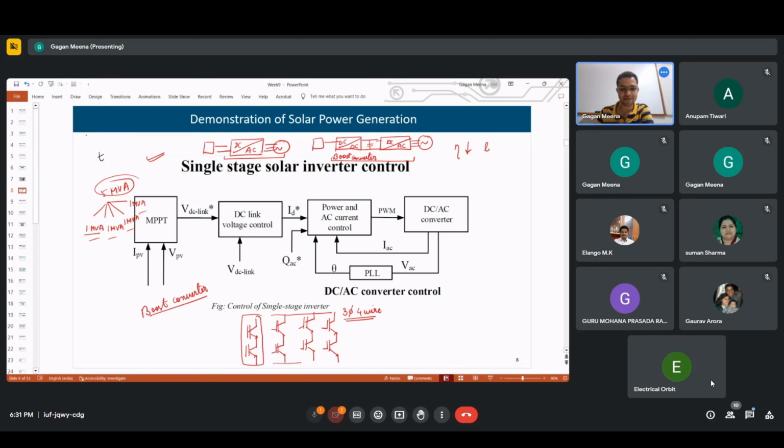One leg is used for boosting the voltage. This one leg, the neutral point here, is taken out, and here we have a diode also. And here we have the PV panel.